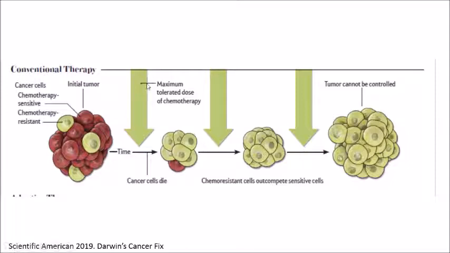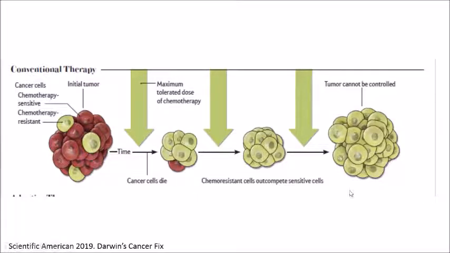But what can happen is when you apply that maximum dose, a lot of the cancer cells are going to die, but if there happens to be a variation that can resist the chemotherapy, it will survive. And so when that resistant cell is the only survivor, then it's going to replicate, and eventually you'll have a tumor here at the right of the figure that is all chemotherapy resistant.